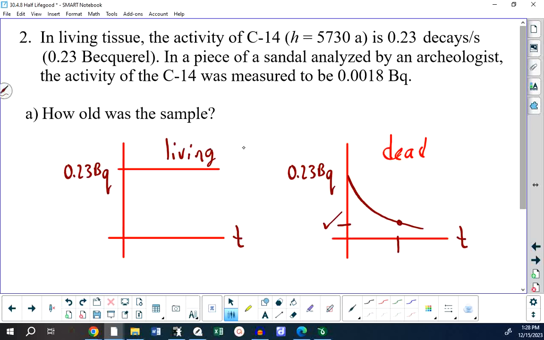This was discovered, I think, about 30 years ago in Europe, and then they did some analysis at the U of A. They took a piece of the leather sample, and they measured the decay rate to be 0.0018 becquerel, which tells you that they didn't sample him, they sampled the piece of leather from a sandal he was wearing, but the leather was from an animal, right?